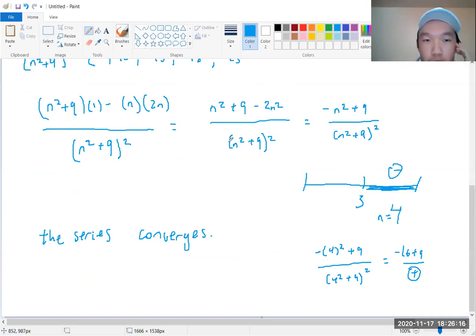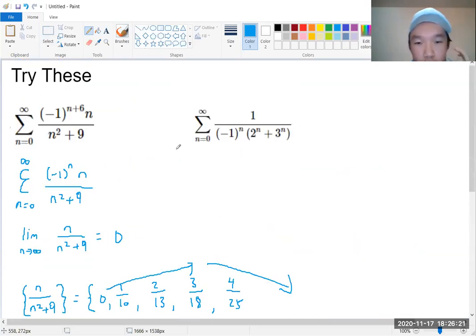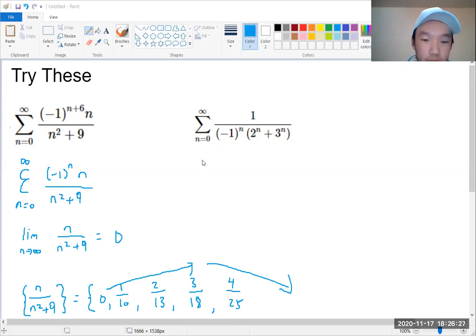So of course you didn't really need to do all that. What you could have also done was just observe the graph. Let me see if I can show you guys what the graph looks like.